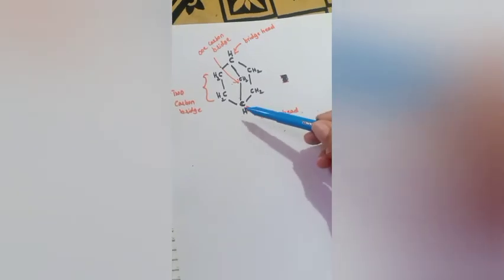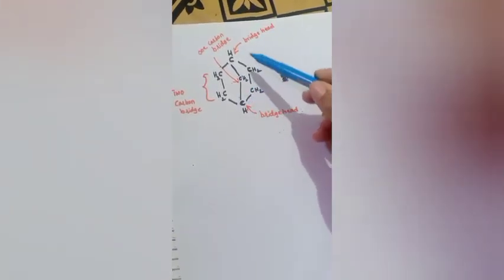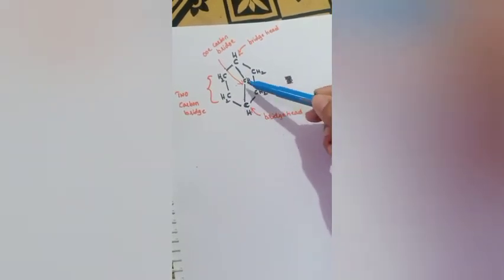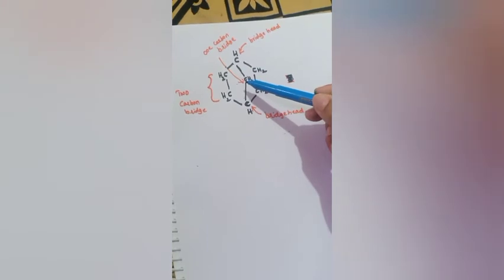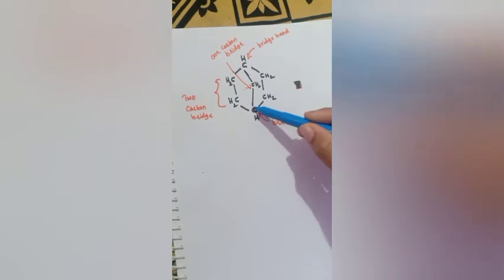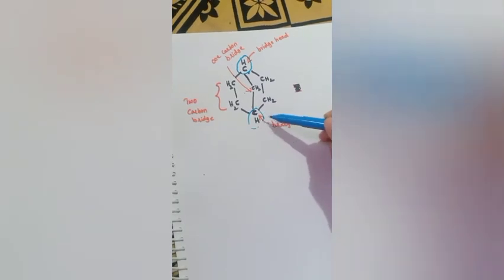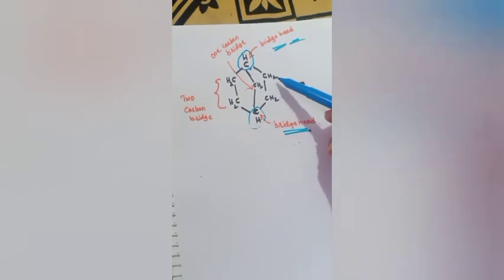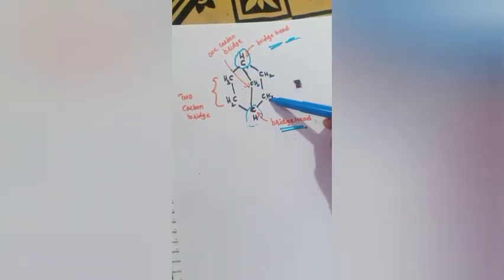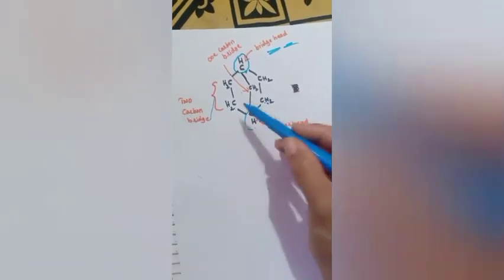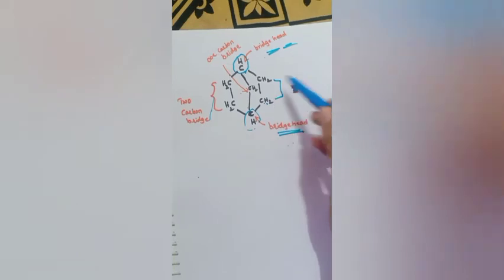Here, 1, 2, 3, 4, 5, 6 carbon atoms form the cyclic arrangement, and another carbon atom is present in the form of a bridge. The first and topmost carbon atoms are called the bridgehead positions, and the linkages between these bridgehead positions are called two-carbon bridges, from the left side and from the right side.